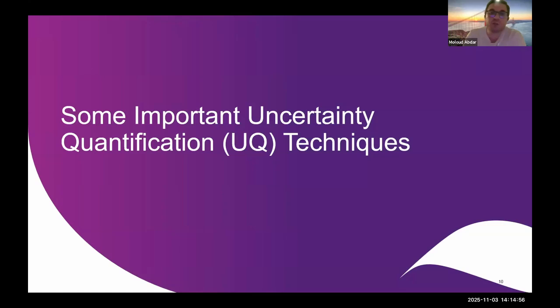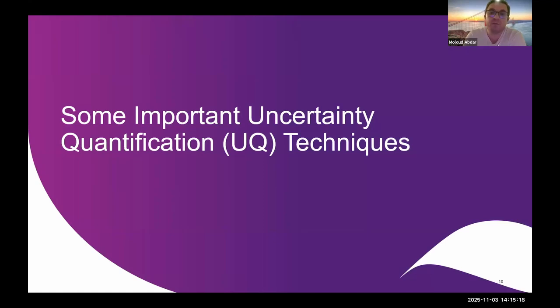Now I'm going to talk about some of the important uncertainty quantification techniques proposed in the literature. I'm not going to go over all of them. At the end, I will give you a reference to a review paper that I have published, where you can go over most of the techniques I have discussed.